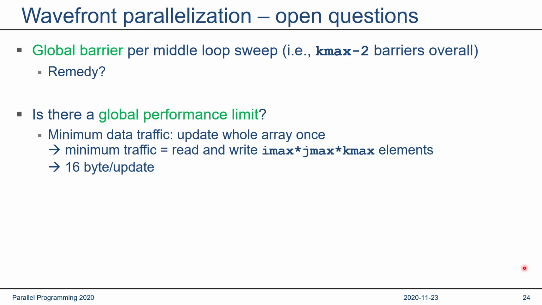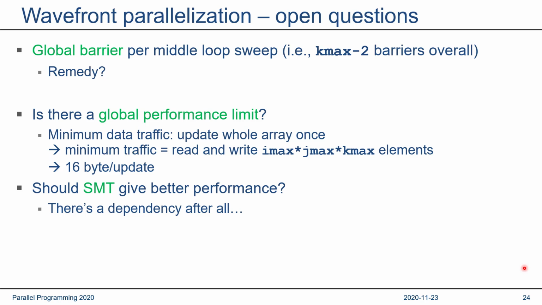So the minimum traffic is read and write Imax times Jmax times Kmax elements. And this means, since each element is 8 bytes, 16 bytes per lattice update. And we could try to validate this hypothesis using a measurement, for example.